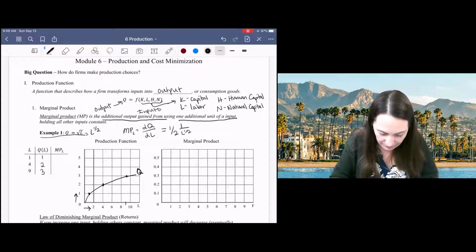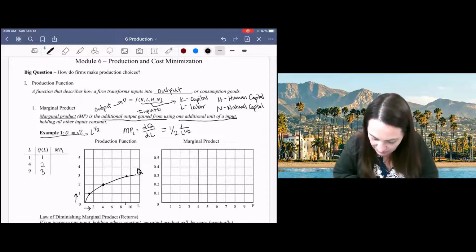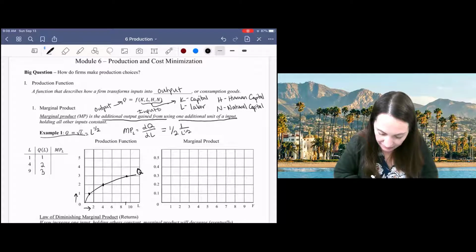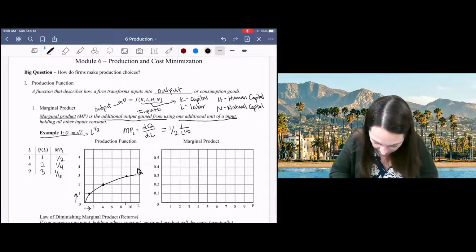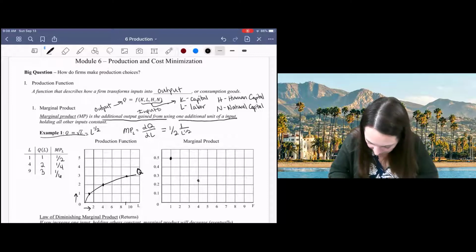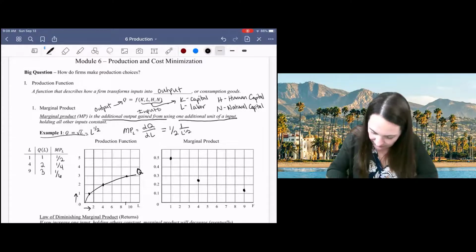So to plug our numbers into our marginal product equation, we've got 1/2 times 1 over basically Q. And so that's going to give us 1/2 times 1 is 1/2, 1/2 times 1/2 is 1/4, and 1/2 times 1/3 is 1/6. So we get 1 and 1/2, 4 and 1/4, and 9 and 1/6.